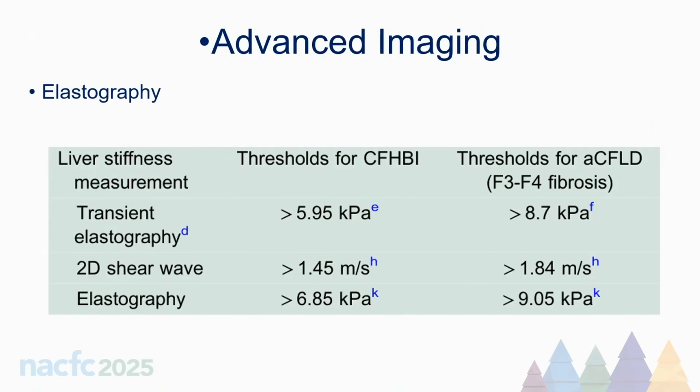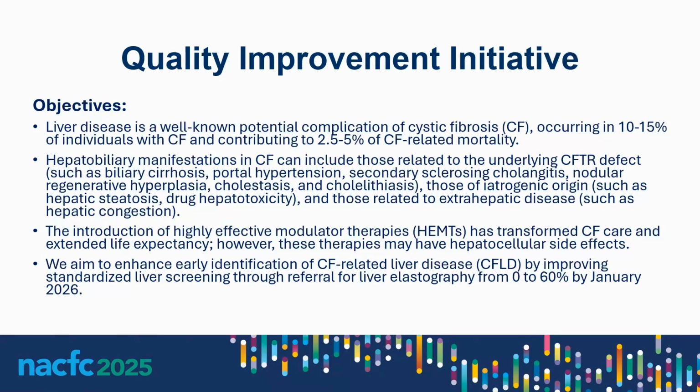So these are the advanced imaging, some of the thresholds of CF liver involvement and threshold of active CF liver disease. When we do elastography, it measures the stiffness, and these are some of the thresholds. So in our clinic, we started because we're doing modulator therapy younger and younger.